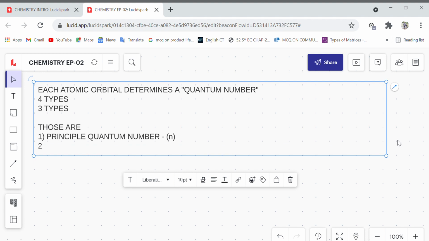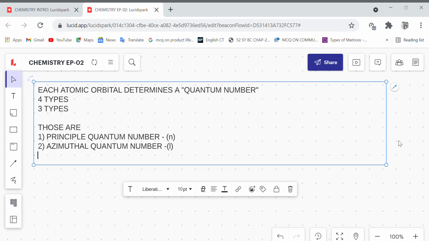The second one is the azimuthal quantum number, which is represented as L. The third one is the magnetic quantum number, which is represented as M. And the fourth one is the spin quantum number, but we are not going to read about that.